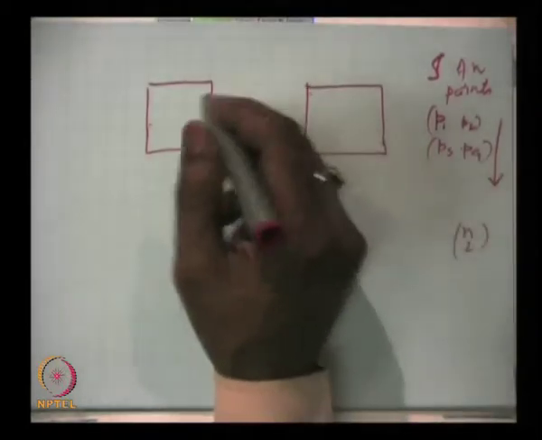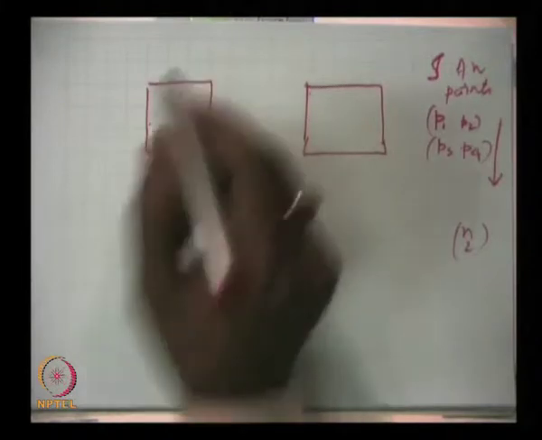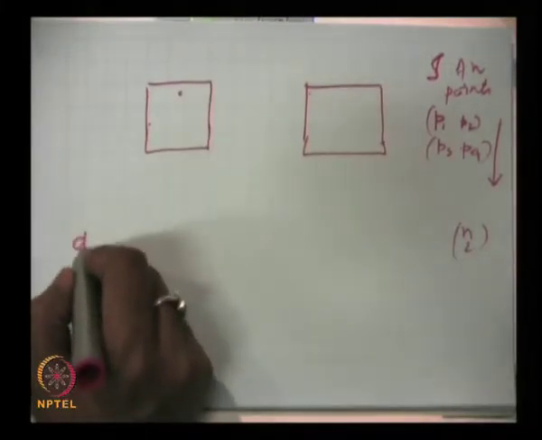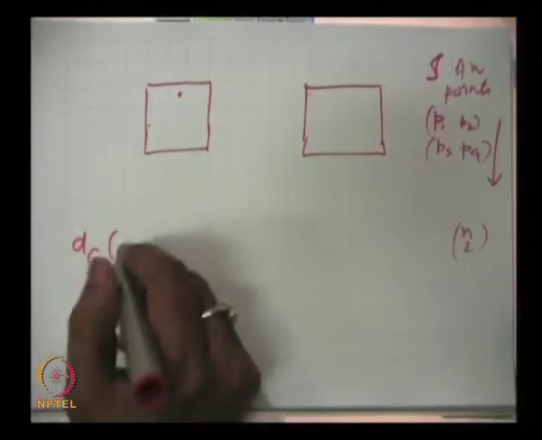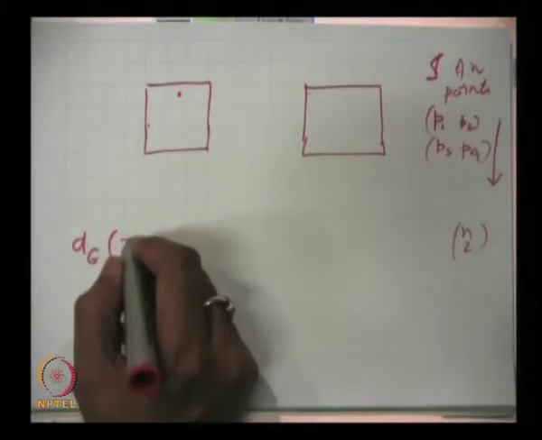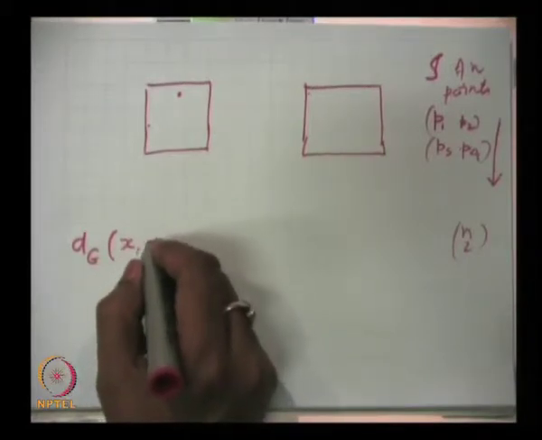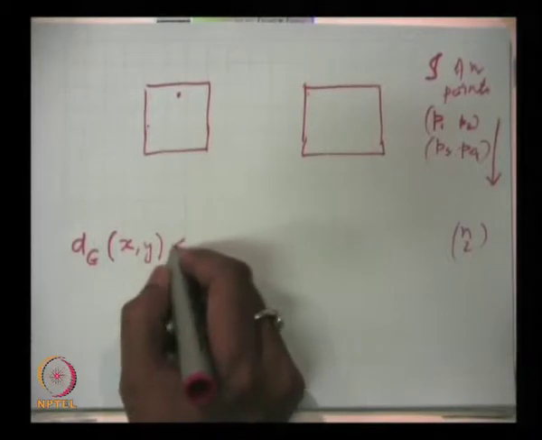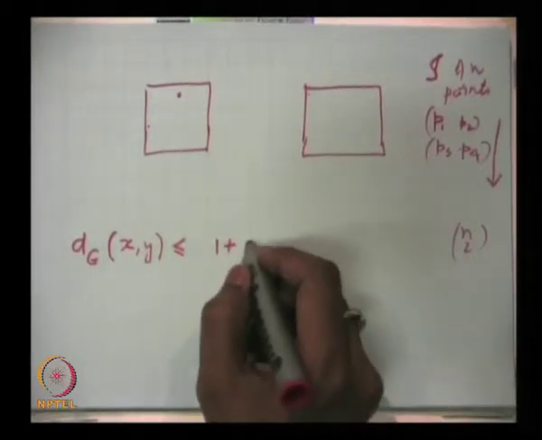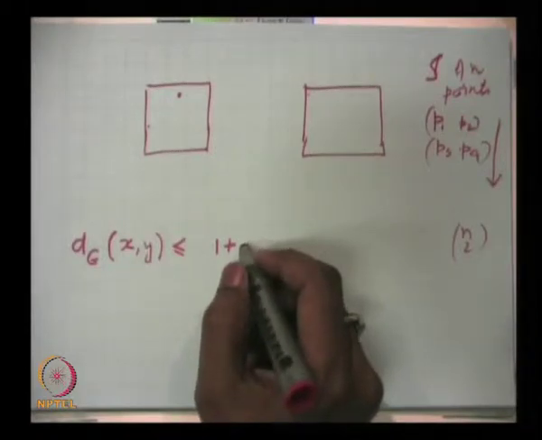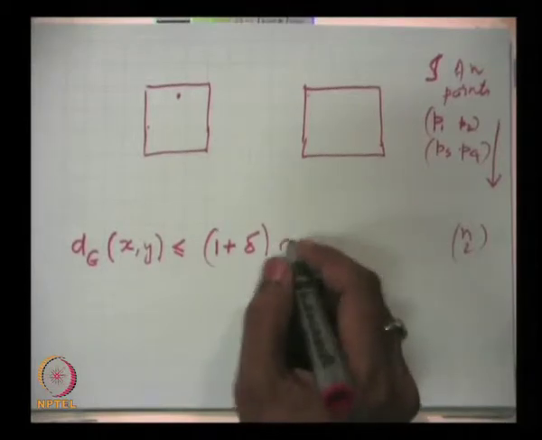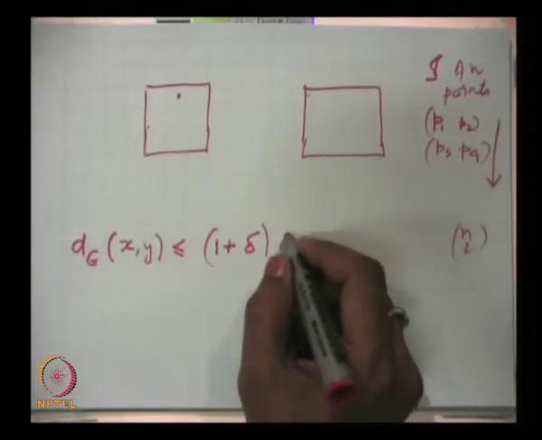Suppose we have proved the spanner property, that is, the distance in the graph between points x and y is no more than 1 plus delta, we are using a delta spanner, times the Euclidean distance between x and y.